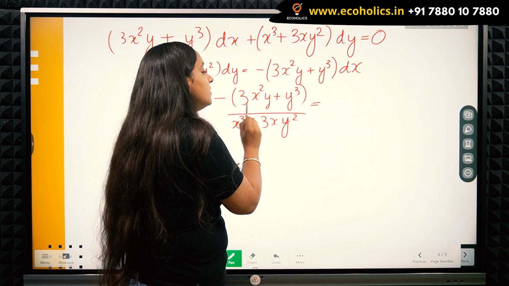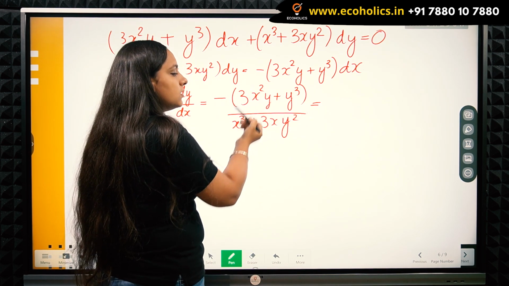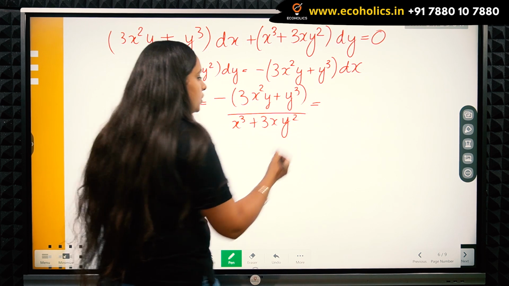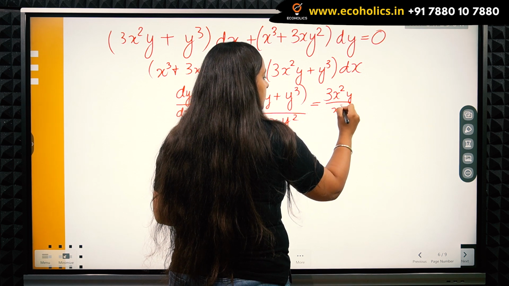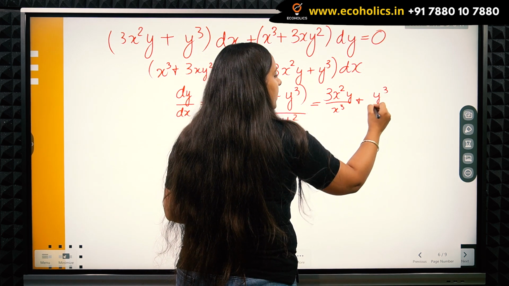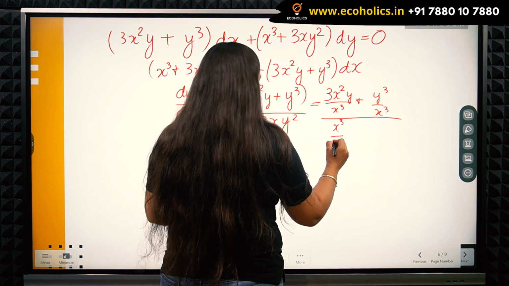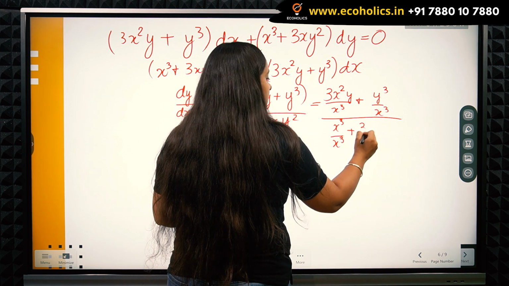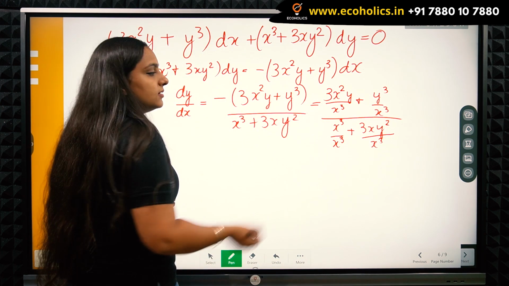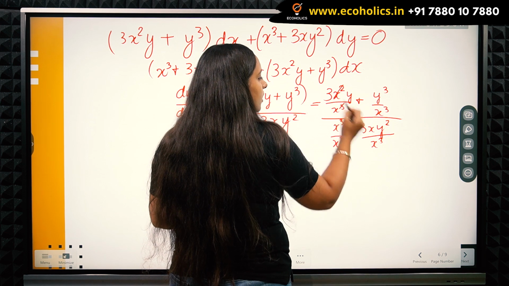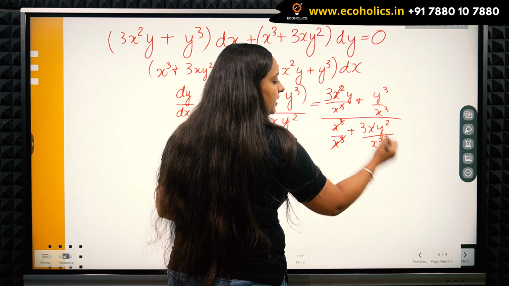So I will just divide the numerator and denominator with x cube. That will make all the numerator and denominator in v terms. So 3x square y upon x cube plus y cube upon x cube, divided by x cube upon x cube plus 3xy square upon x cube. Now let's cancel out the terms. This gets cancelled out, this will also get cancelled out, and I will be left with 1 here.